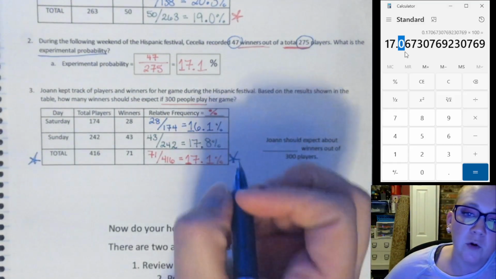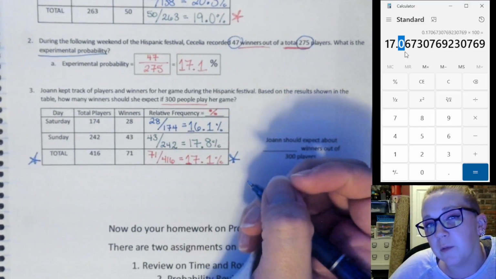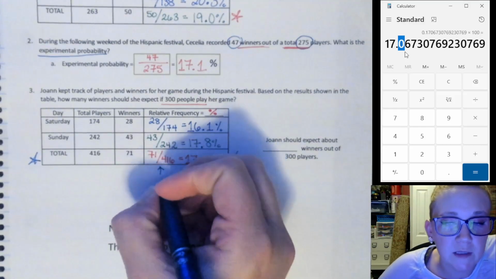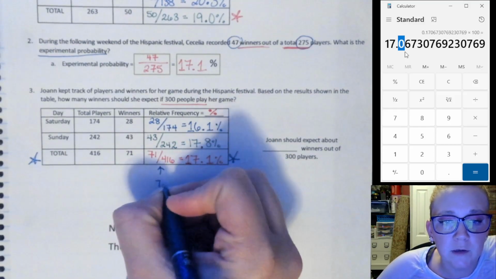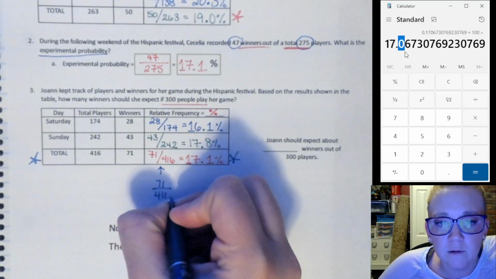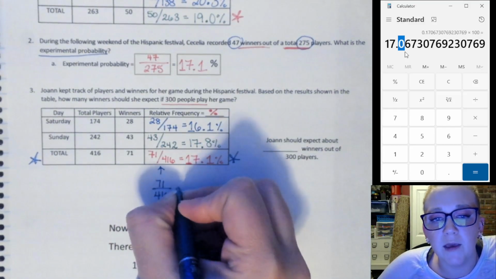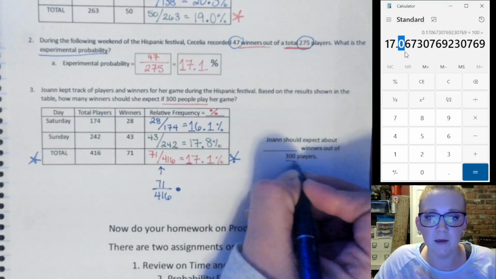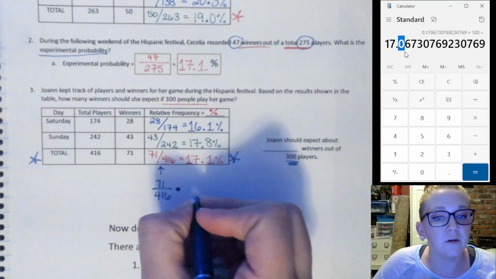Now, this is just like in your coin flip problem. You're going to take what your frequency or what your probability was, 71 over the 416, and you're going to multiply it, not by the 100 to get a percent. You're going to multiply it by the number of players we have.